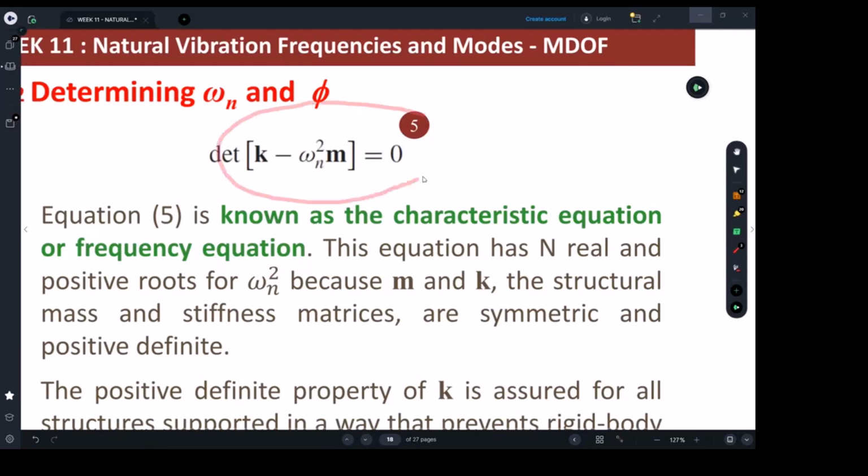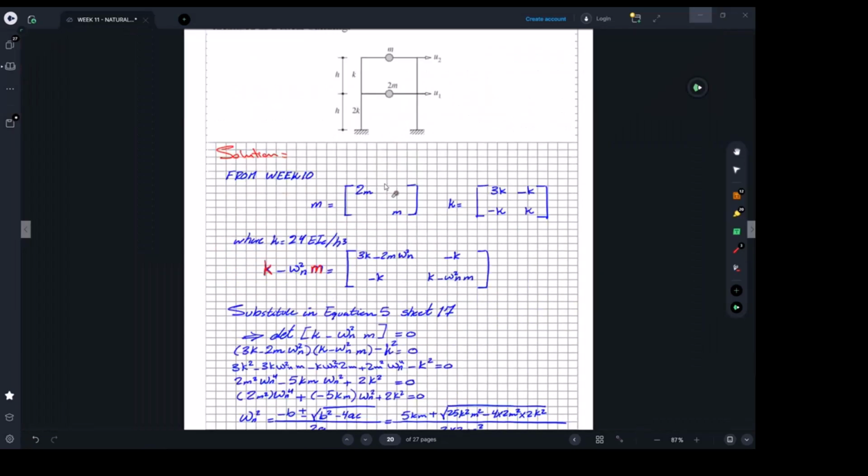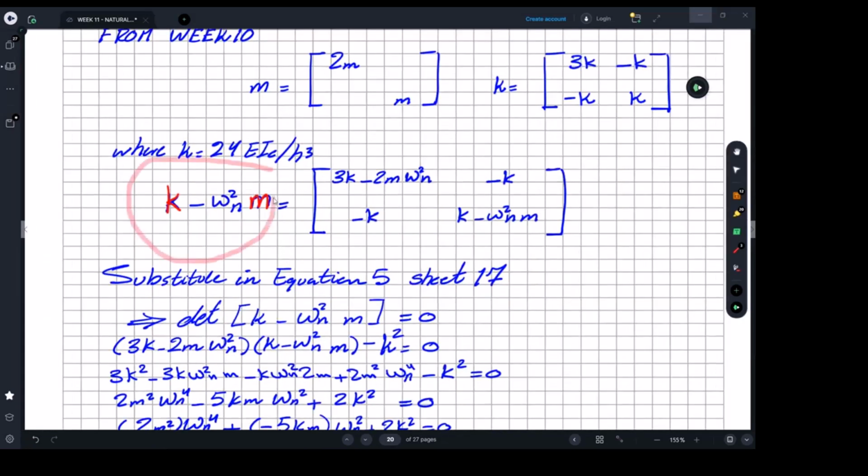That's what we're doing here. We just want to apply equation number 5. So before we use equation number 5, we just want to set this matrix, right? We just want to set this determinant solution in the matrix, and that's what we are doing here. So this matrix arrangement can be defined by what we're seeing here.